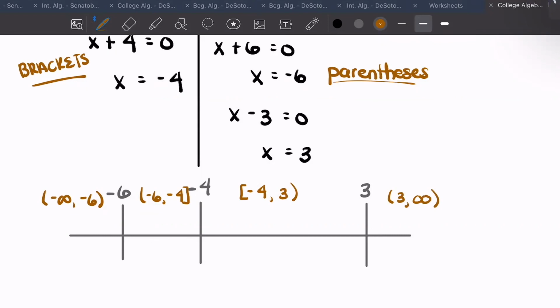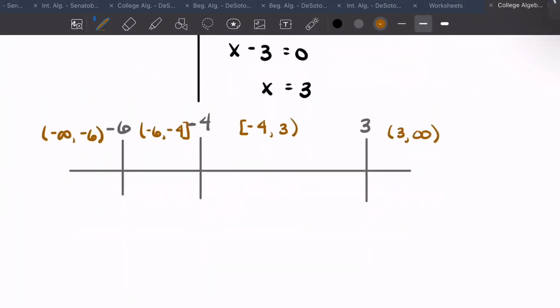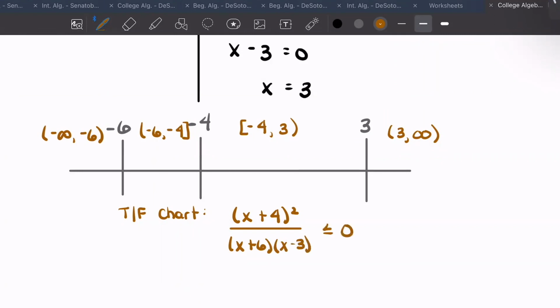Great. So now we have this. So we would do a true false chart, right? And we would use x plus 4 squared over x plus 6, x minus 3, less than or equal to 0. Okay.